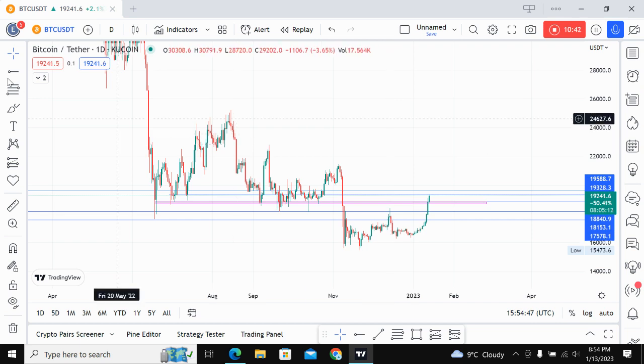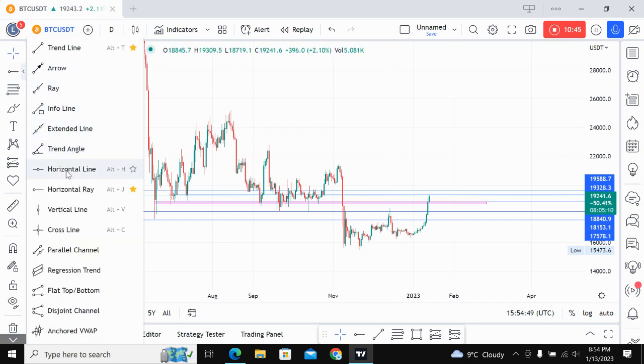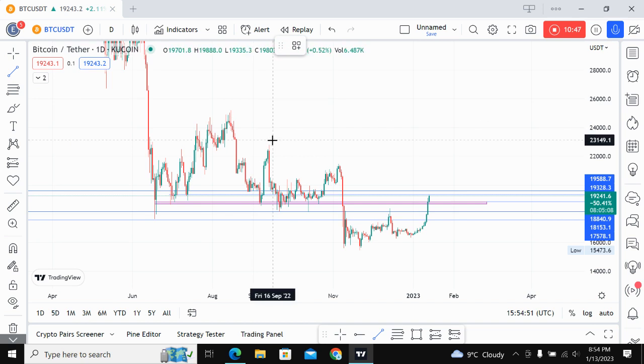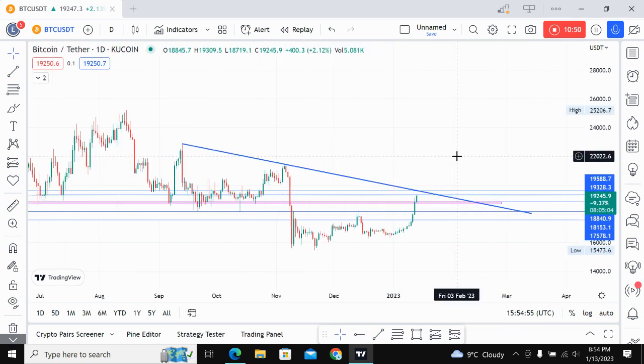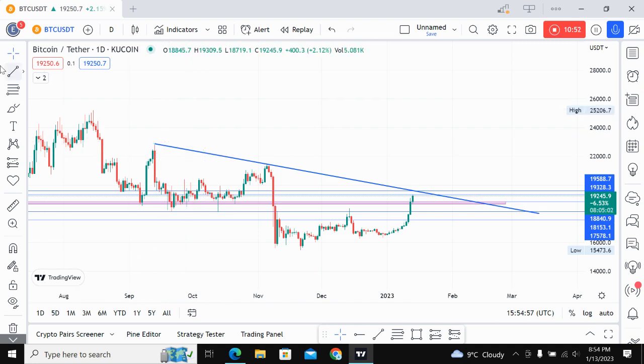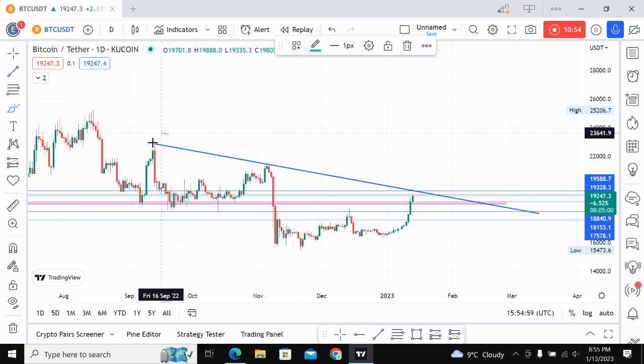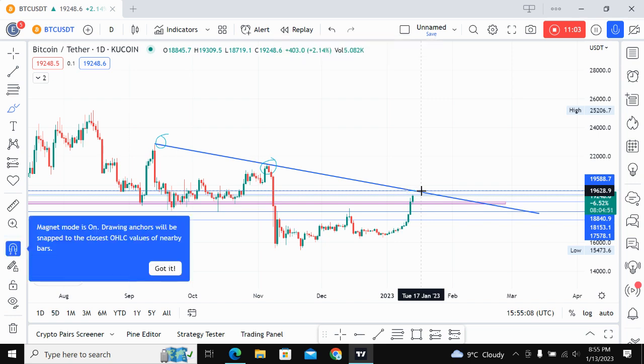Okay. So another thing you can do is you can use a trend line like here, this one. So you can see it touches a point here, then here. Now it should head over to this point, 19,600 around.